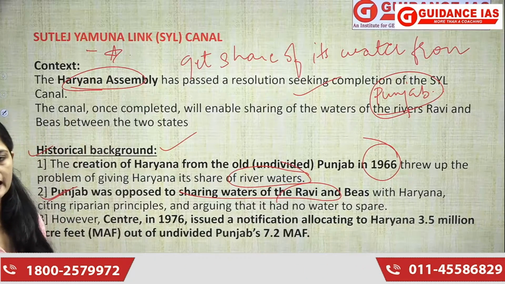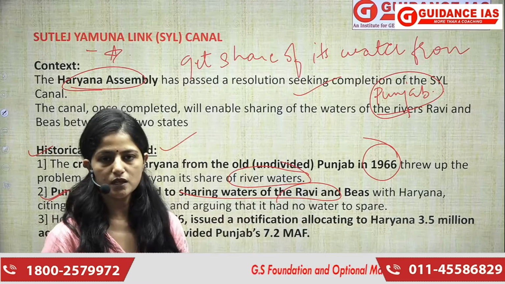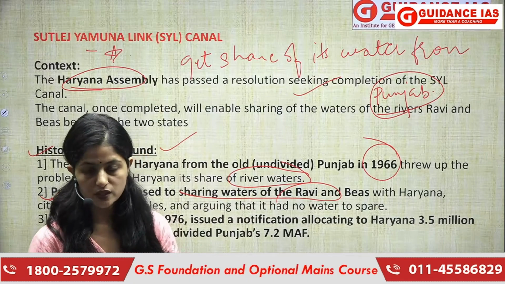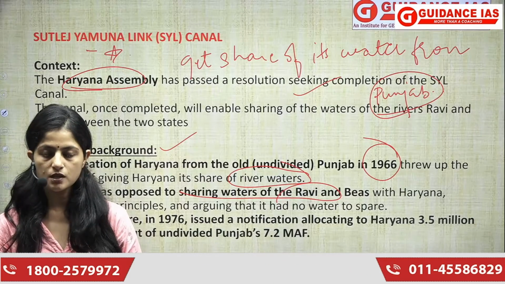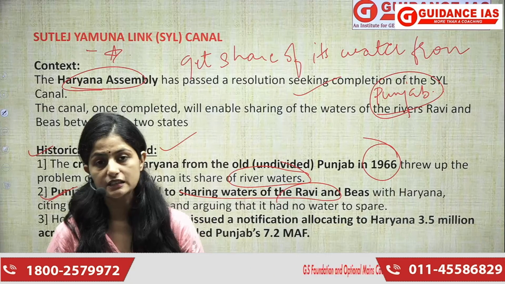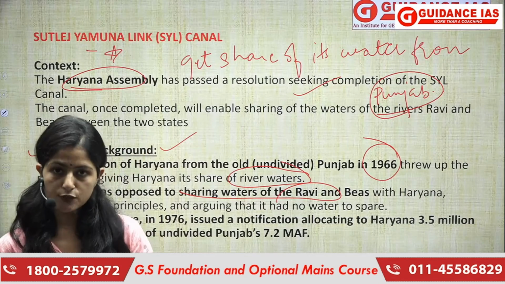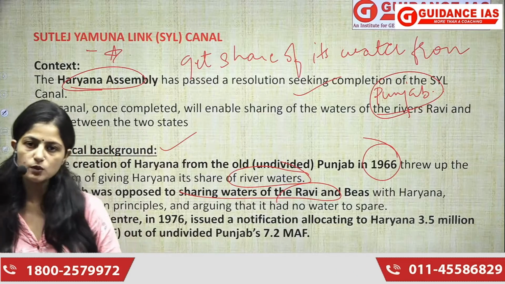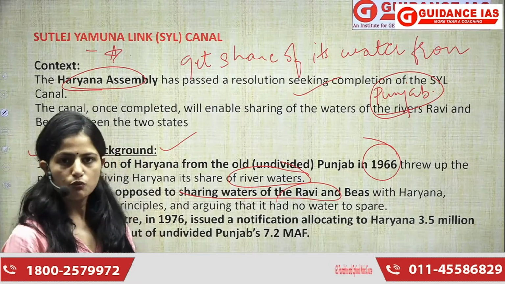Punjab is of the opinion that Punjab, Haryana and the northern plains grow water-intensive crops and the water level is already very low. There was a report which said that 79% of the water has already been exploited. So Punjab has always been of the opinion that we already have less water, so we won't be able to share it.